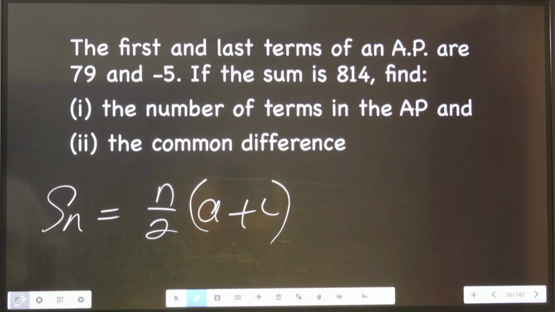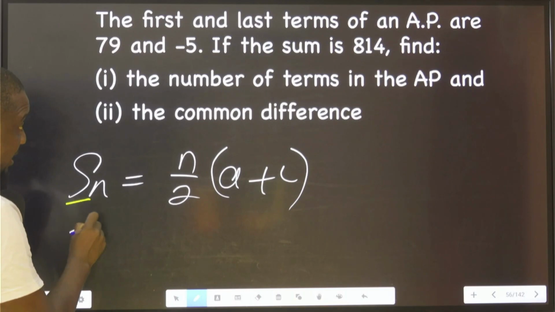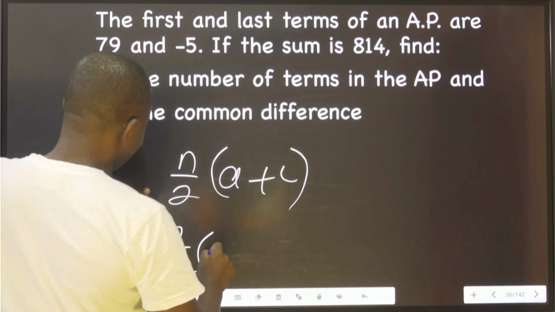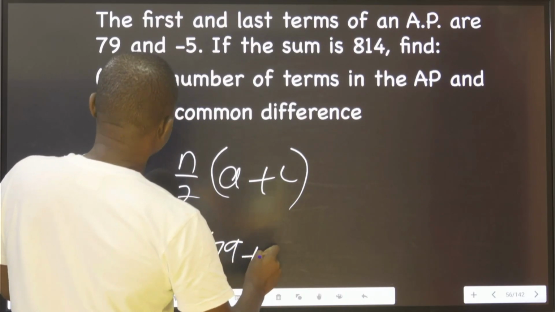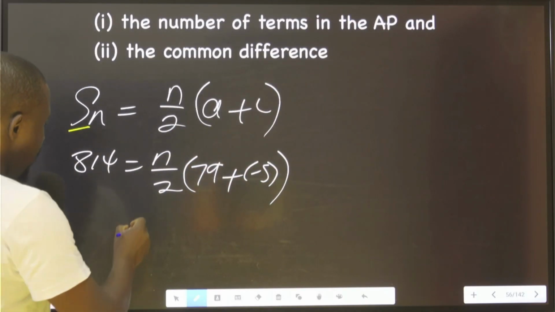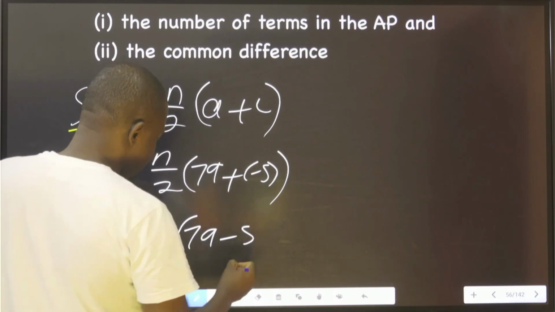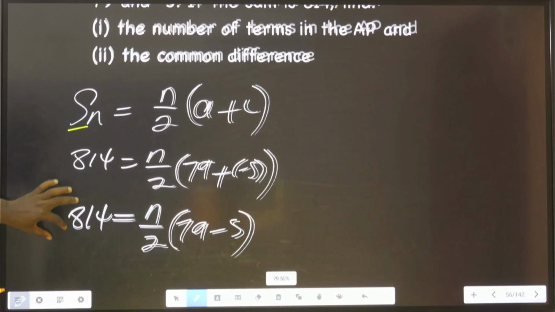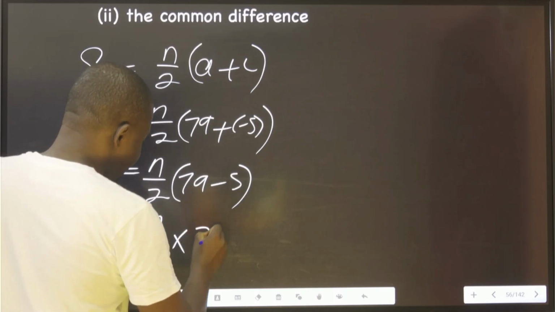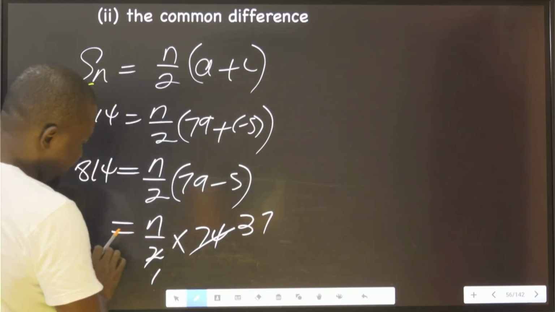So you can see, we are told the sum is 814. The first term is given to us as 79. The last term is minus 5. Which is equal to this. Which is equal to 74, 1, 3, 7.